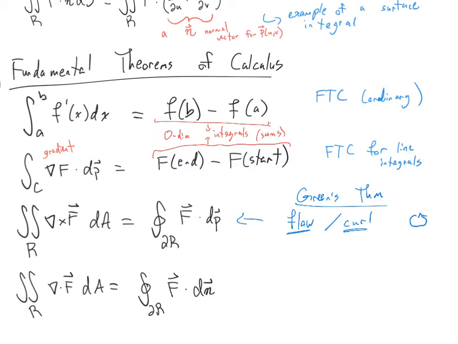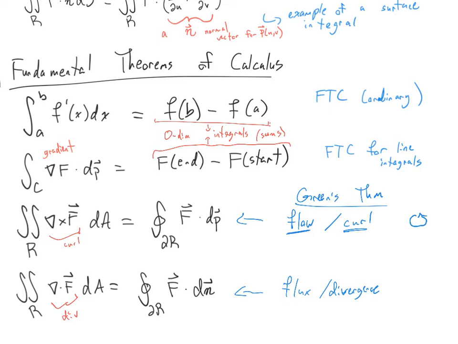And so over here on this left-hand side, we have this, here's curl. But we also had this divergence form for it, the same integral. So this was the flux or divergence form of Green's theorem.